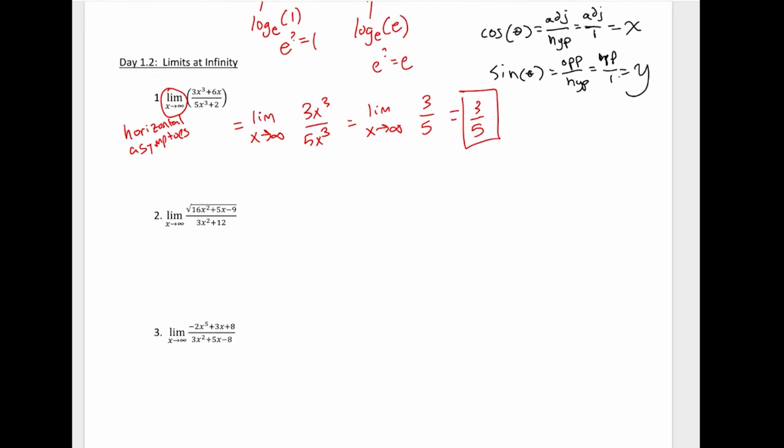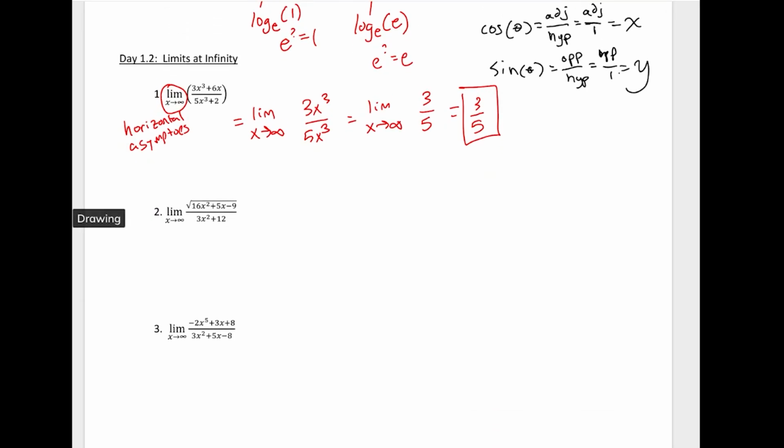Number 2, we've got a square root. Now, whenever you have the square root of a variable squared, this happens every once in a while. We still just really want to focus on those two largest or fastest growing terms in the numerator and the denominator. So in this case, this equals the limit as x approaches infinity of the square root of 16x squared over 3x squared.